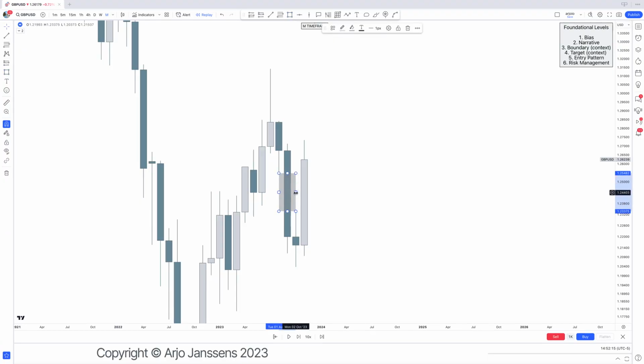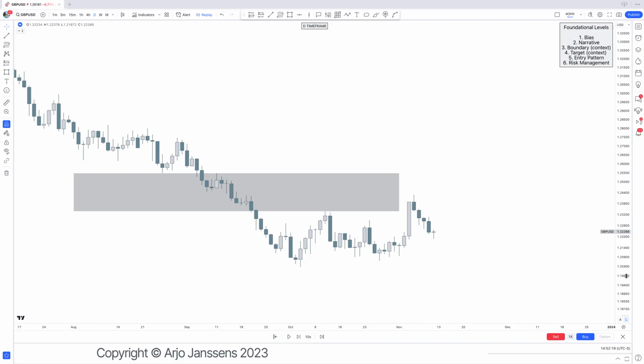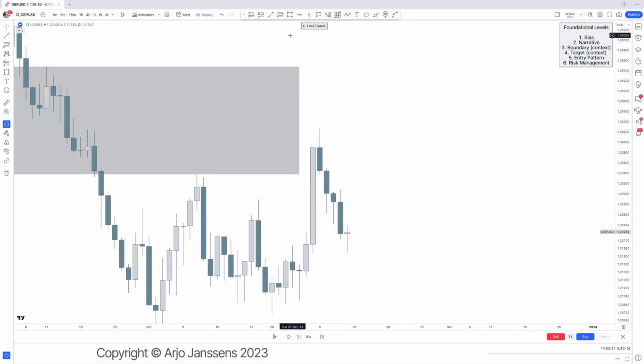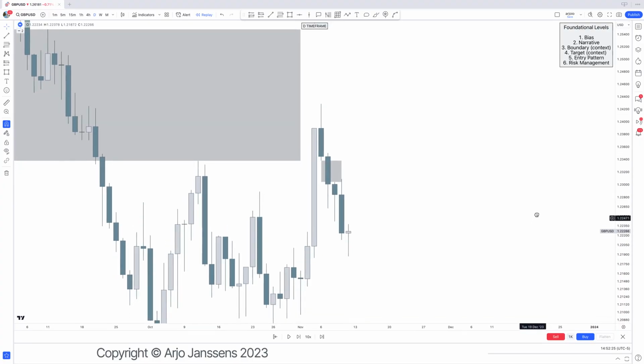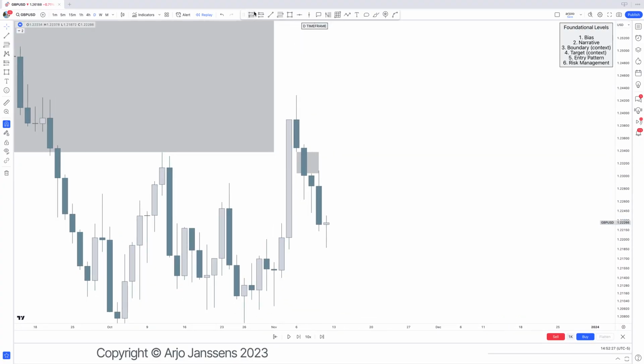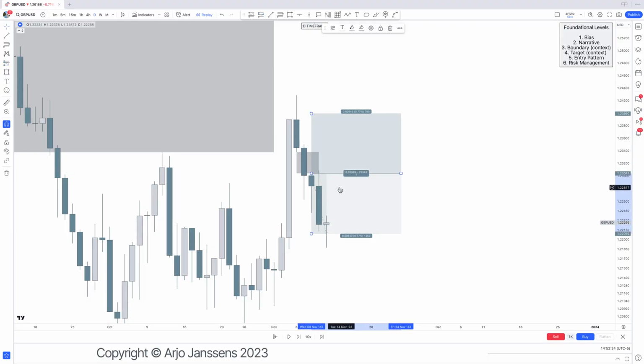We were inside that monthly fair value gap, and on the daily, we had daily fair value gaps lower. That daily fair value gap created a daily ST as well right there. So this daily ST could have already been an entry, just purely based on the monthly, because that is when you need a daily ST or 4-hour ST plus RE, that could have been an entry right there.